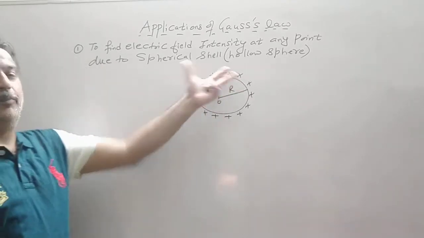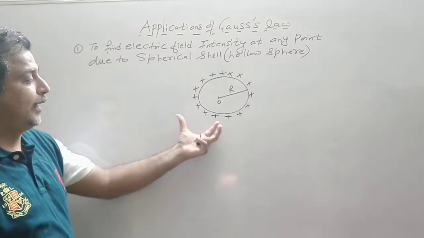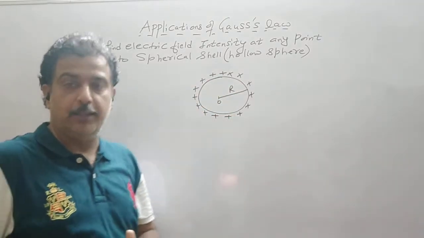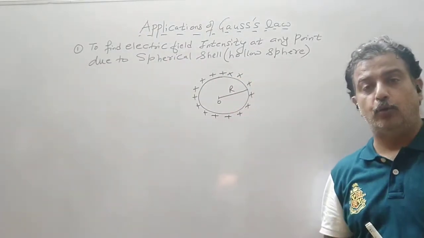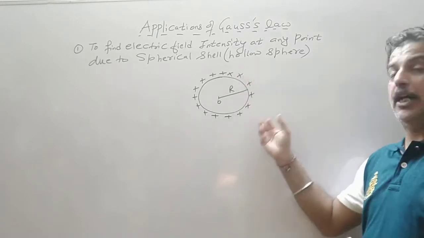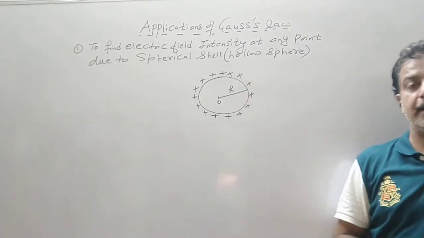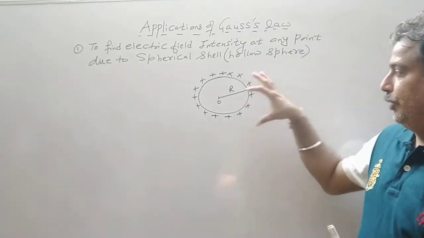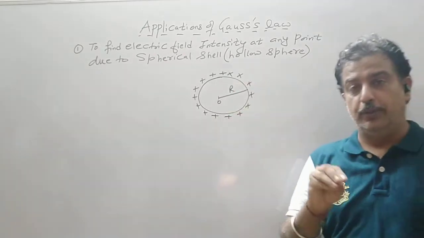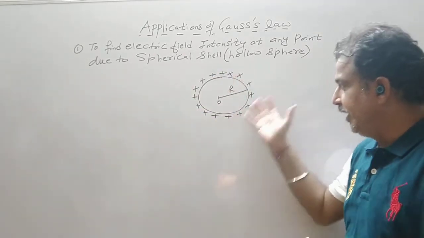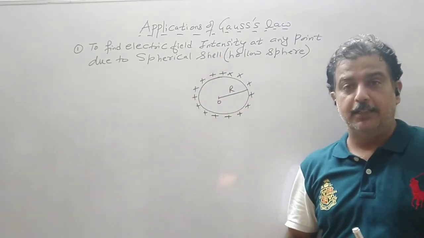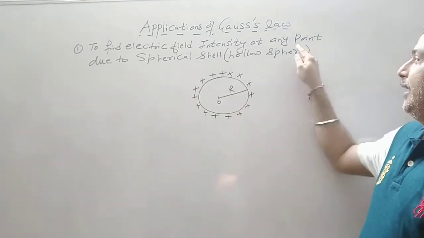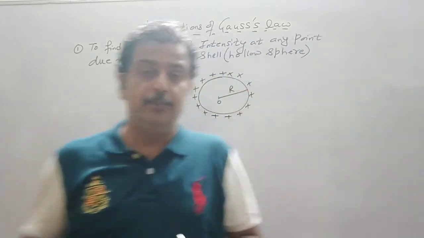Now the charge can be positive or negative. If the charge is positive, then the field will be radially outward, and if we have a negative charge, the electric field lines will be radially inward. So this is the source given to you, that the charges are uniformly distributed over the surface of a spherical shell, and we have to find out the electric field intensity at any point.